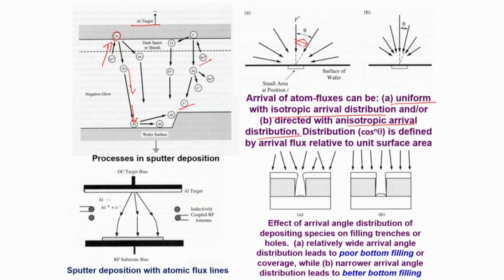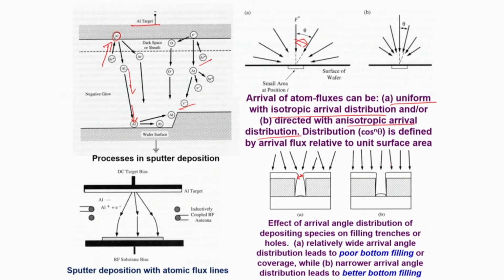So in this kind of situation, if you want uniform deposition coming from the top, then these trenches here, the opening being so small, may not be able to allow entry of a sufficient number of atoms into the trenches, and in the process you get very poor coverage at the bottom of the trench.